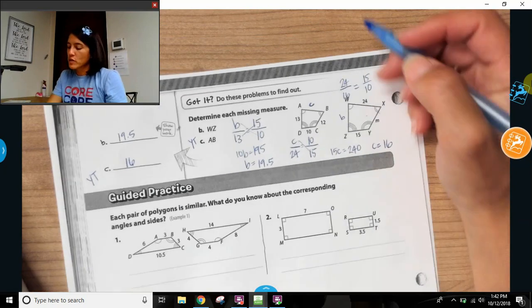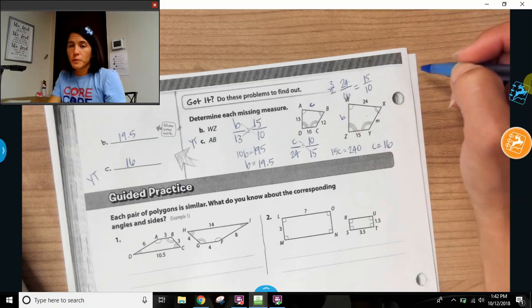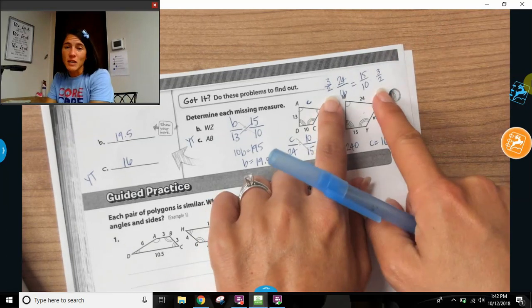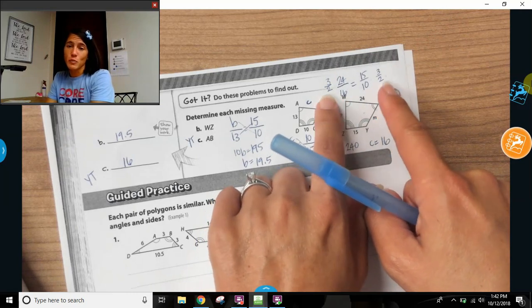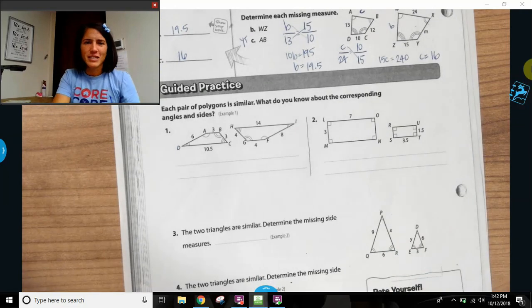If you reduce them, you divide this by 8, you get 3 over 2. And if you divide this fraction by 5, you get 3 over 2. So see, my proportions are equal. So that's what it means. If you have similar figures, your sides are proportional. All sides are proportional.